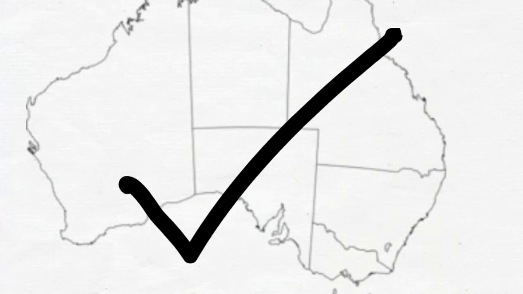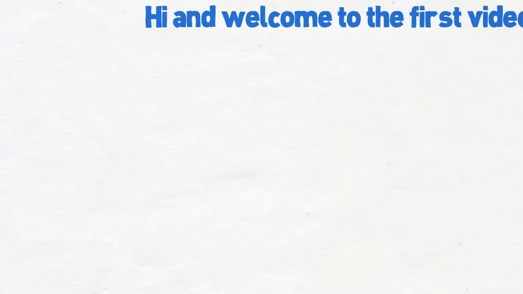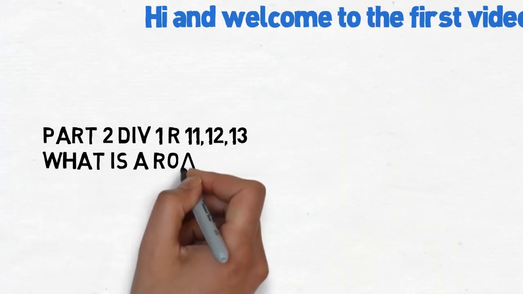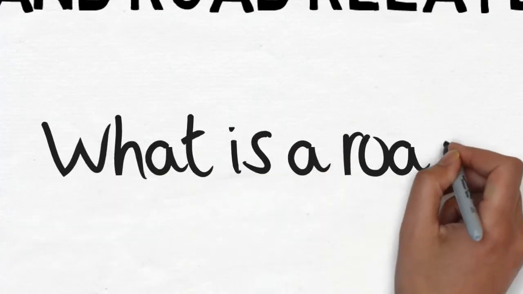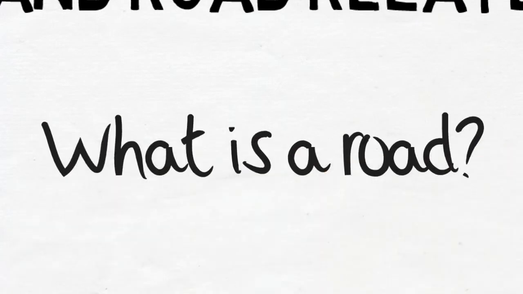Moving on to Part 2, where we can start to look at some of the different aspects of the road rules that you need to know. First up, we need to ask ourselves, what is a road? The road safety rules themselves have a very detailed explanation: a road is an area that is open to or used by the public and is developed for or has as one of its main uses the driving or riding of motor vehicles, or a place that is a road as declared by the Act, or an area that is deemed not to be a road as a part of the Act.